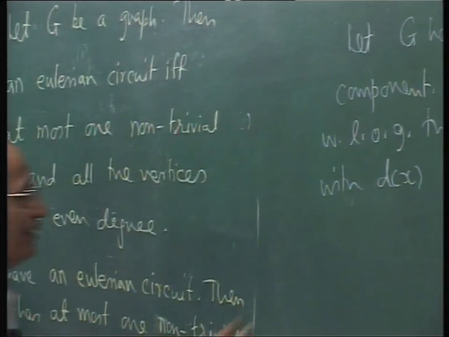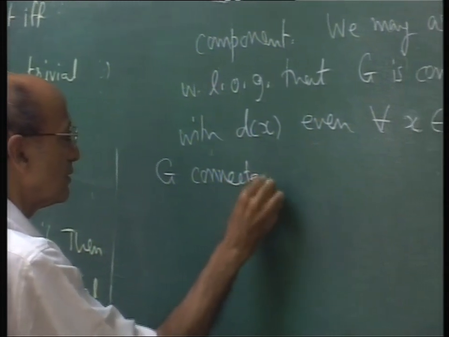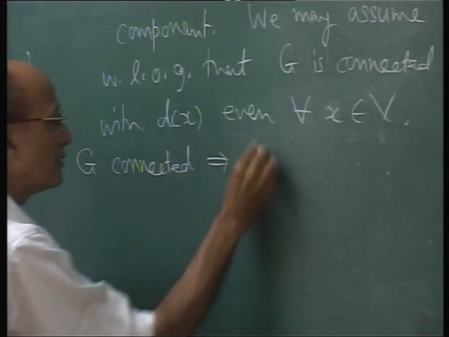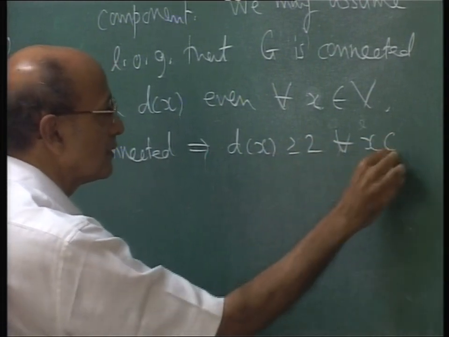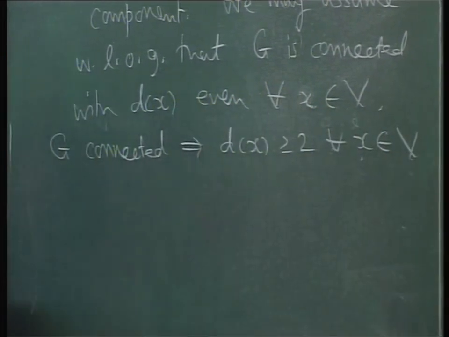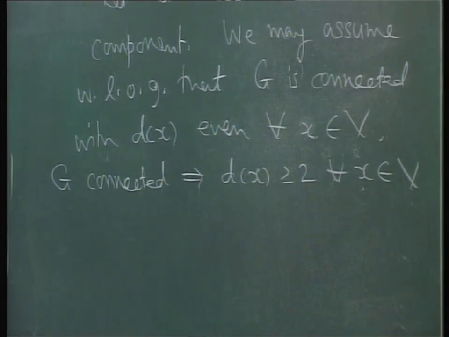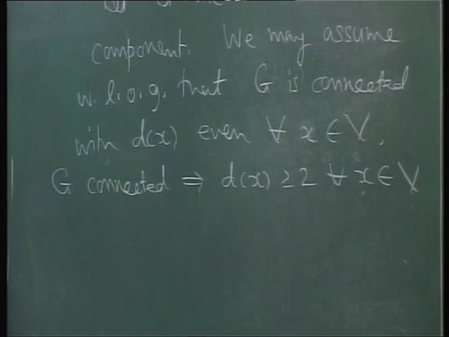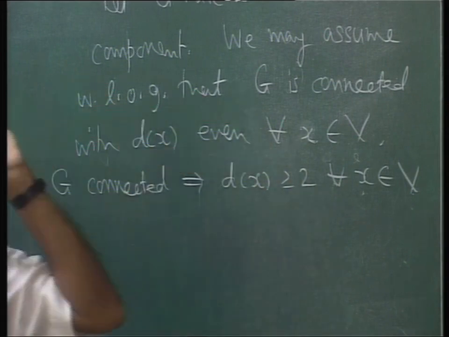So G connected gives degree actually greater than or equal to 1, but it's greater than or equal to 2 because we are assuming that this is an even number.